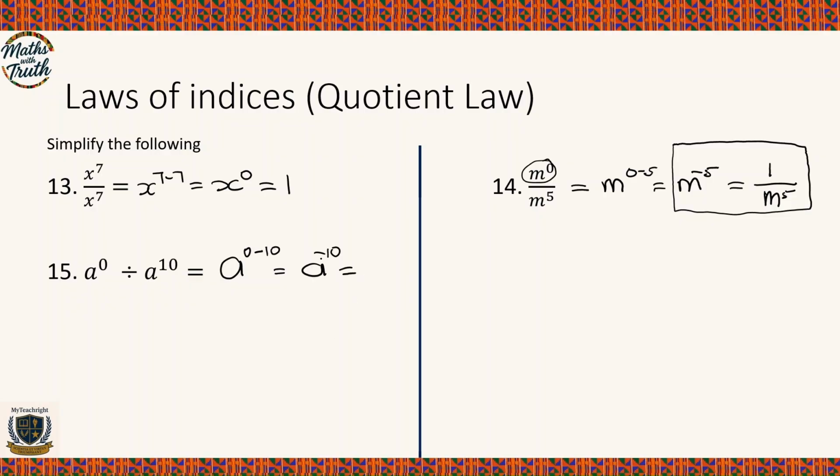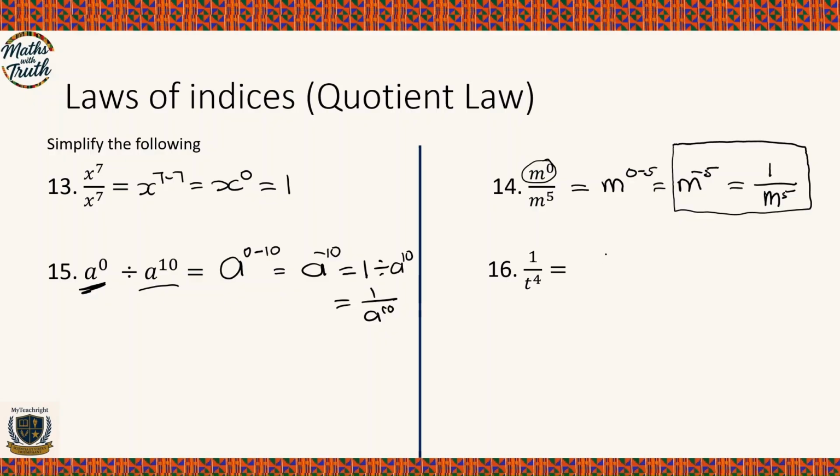But this is also equal to a exponent 0, which is 1, divided by a exponent 10. And we can also write this one as 1 over a exponent 10. Okay, are you beginning to see a pattern? Yeah, okay, let's do this one.